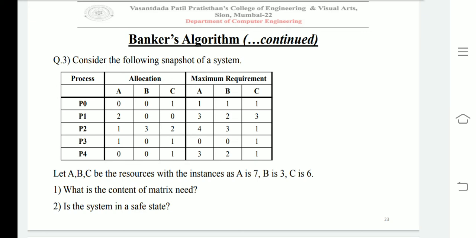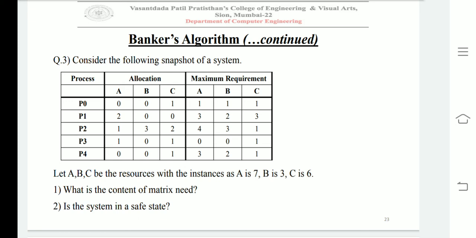In this kind of question we need to evaluate the availability. In the question it is given that for the instances we have the value 7 for A, 3 for B and 6 for C.